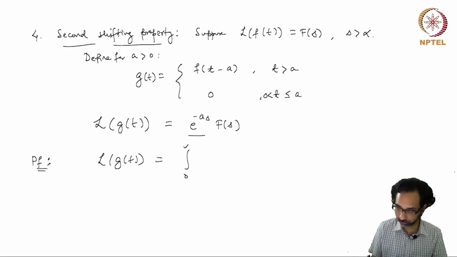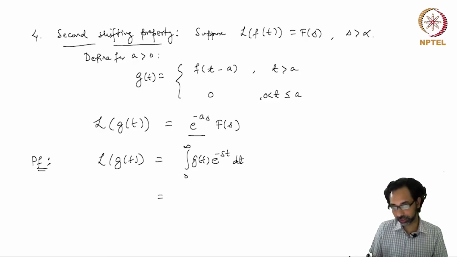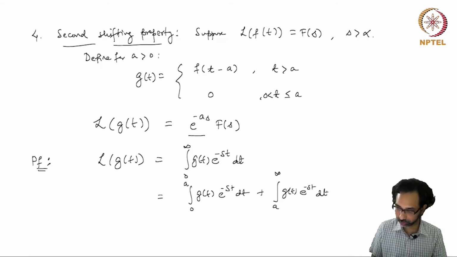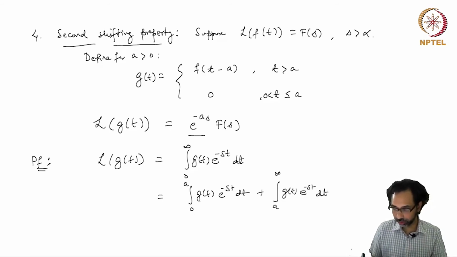We can simply write out the definition of the Laplace transform of g(t), but we can now break this integral, which is from 0 to infinity, in two regions: from 0 to a of g(t) e^(-st) dt plus a to infinity of g(t) e^(-st) dt. Now in this region 0 to a, g(t) is simply 0.